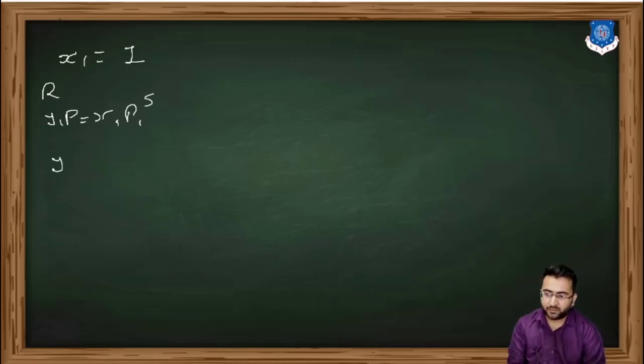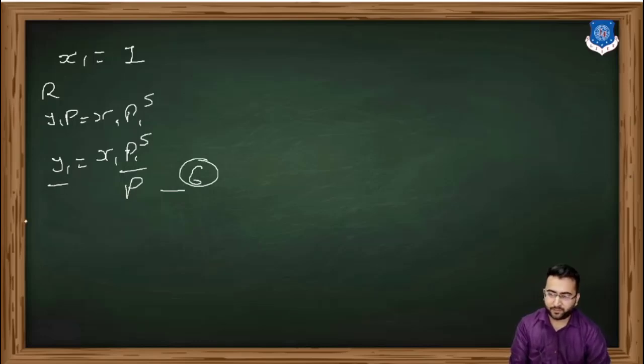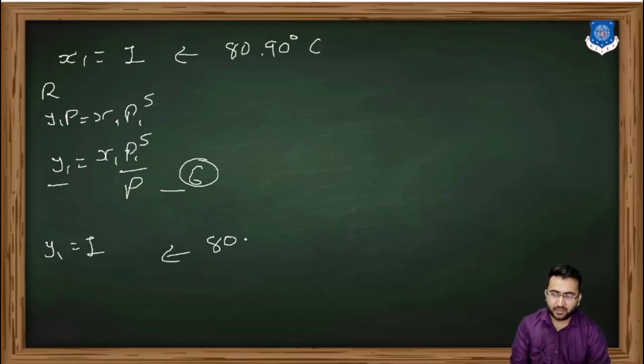So y1 equals x1 P1 saturated upon P. This becomes our equation number 6 to find y1. Putting in all the values, we get y1, which is 1. This x1 is for 80.90 degrees Celsius, and this is the value of y1 for 80.90 degrees Celsius.